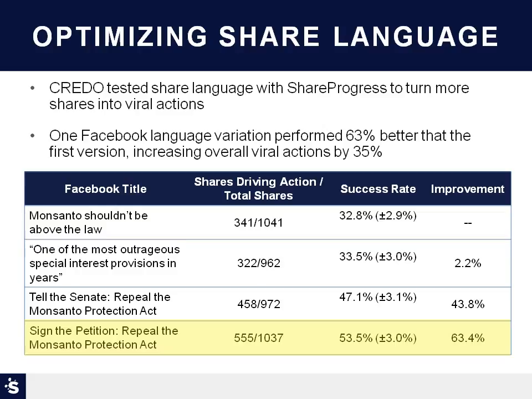The system that we use in Share Progress is actually, we do it dynamically so that as soon as we discover that something is clearly better than others, automatically everyone starts getting that. So what that means is that there's actually very little risk to testing, because if you happen to choose one option that's particularly worse than others, almost immediately people will stop getting it. And if you choose something that's much better than others, almost immediately everyone will start getting that. So there's not much chance of burning a lot of people that way.